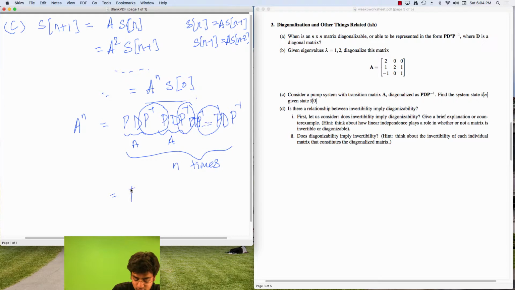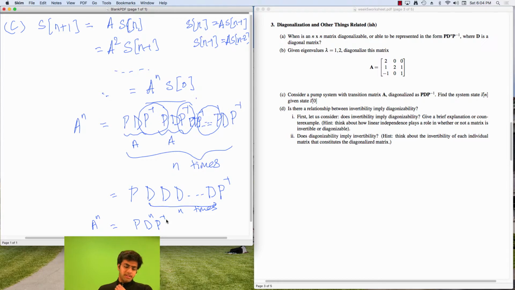So this simplifies to be P times D, D, D, D, P inverse. And how many times do we have D? Well, we'll have it once for each time it showed up, so n times. And then we conclude that A to the n is P D to the n P inverse.